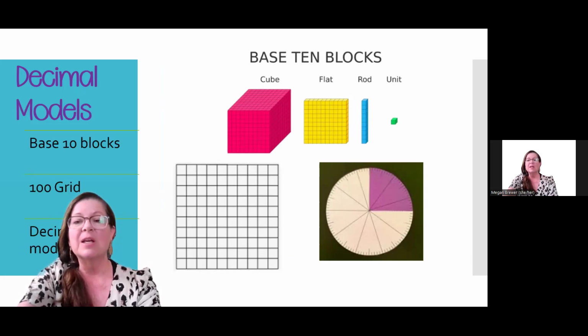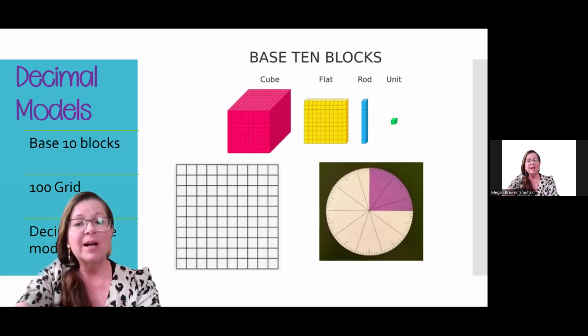These blocks can represent ones, tenths, and hundredths, allowing students to physically manipulate and group decimals to understand operations. For example, that yellow flat can represent 1, and a long blue rod can represent a tenth, and the small green cube can represent a hundredth.